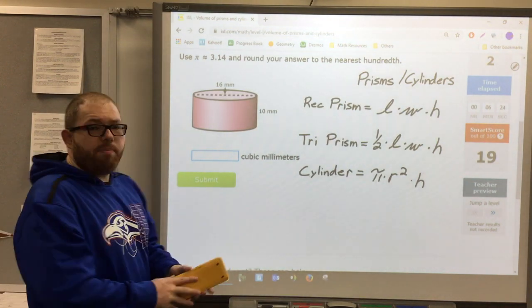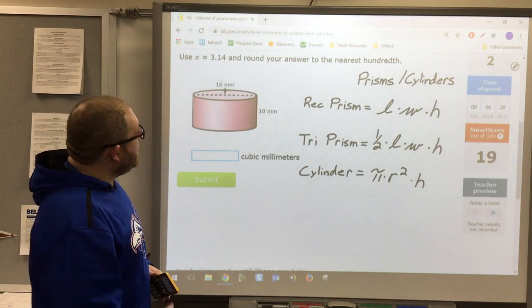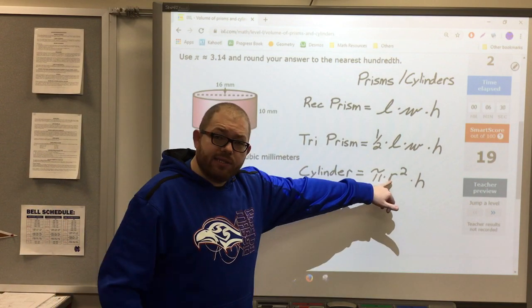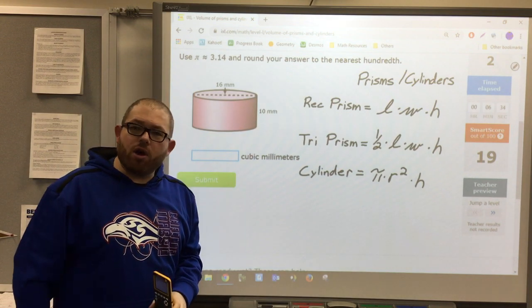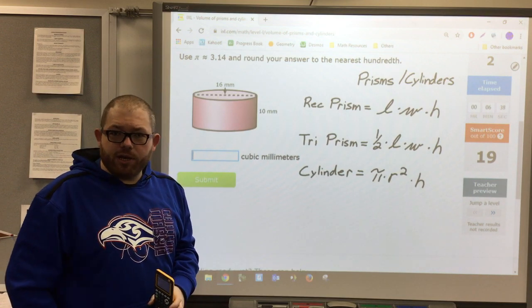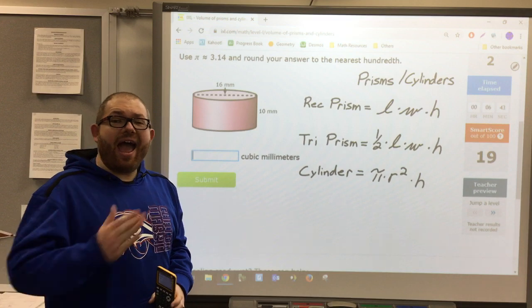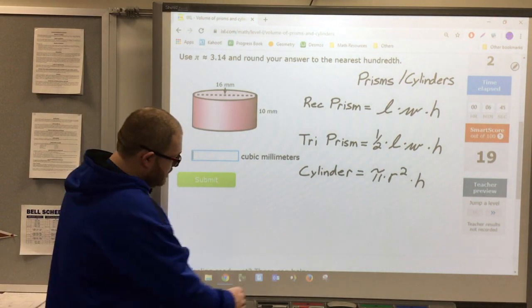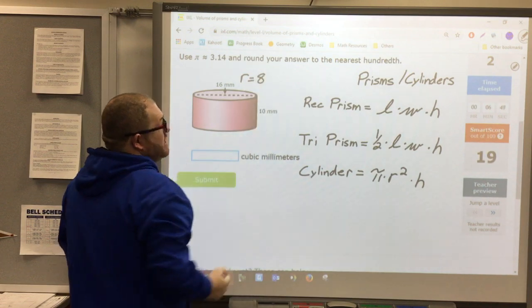I will be just typing in 3.14. Then I have to get the radius. Notice that this dotted line goes all the way across the circle. If you watched one of the previous skill videos, you should know that that's the diameter. We need 1/2 of that for the radius. So the radius is 8.